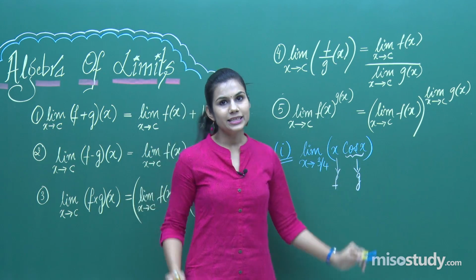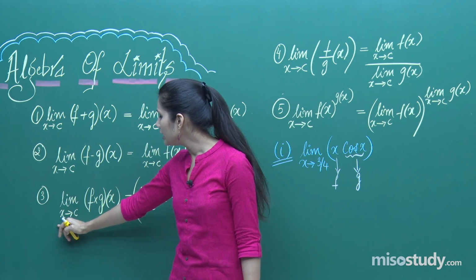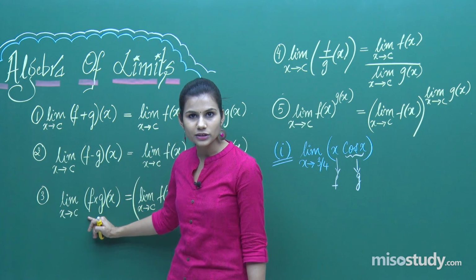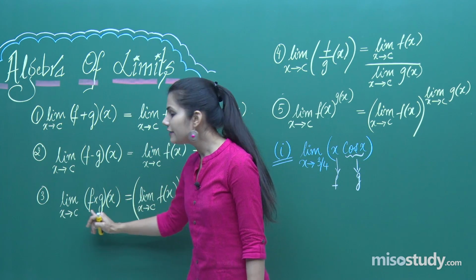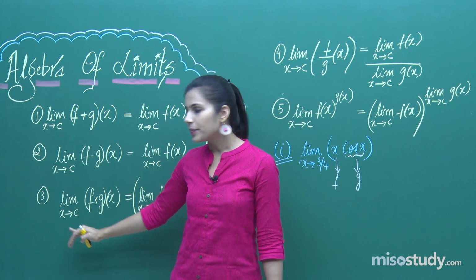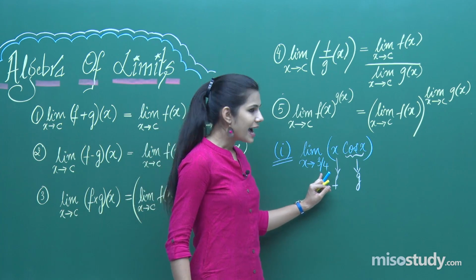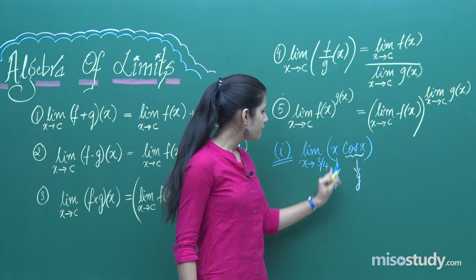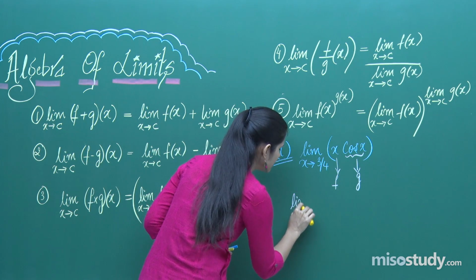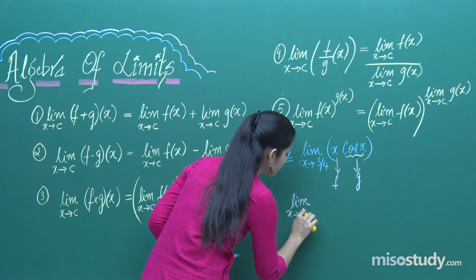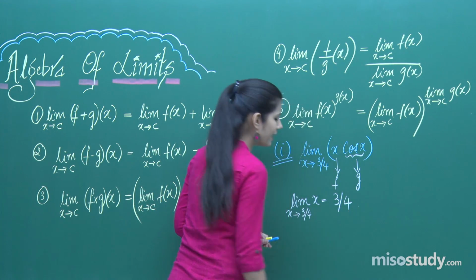By the properties that we have done, if you wish to find out the limit at a point C of the product function, just keep yourself aware about the limit at point C of the individual functions and you will get the limit at point C of the product function. So what is the limit at the point 3 by 4 of the function f, which is x? Limit x approaches 3 by 4 of the function x, you know it is 3 by 4.